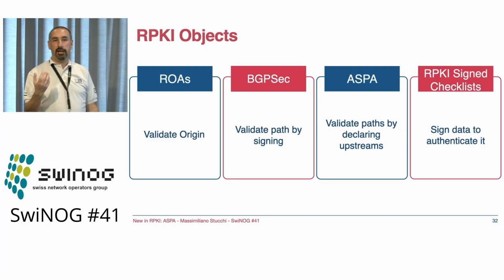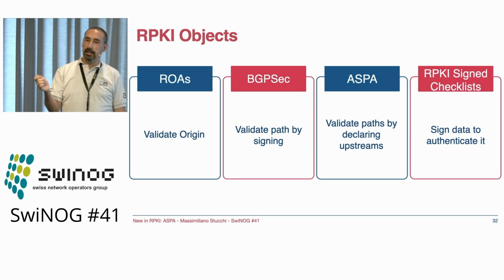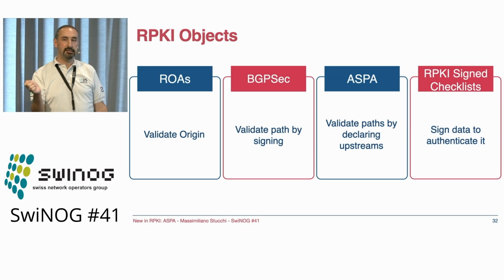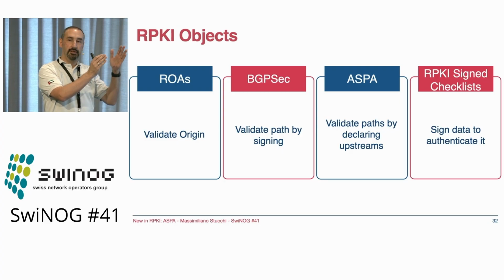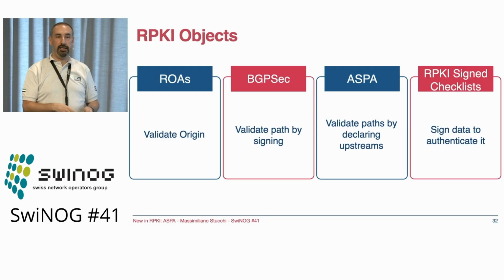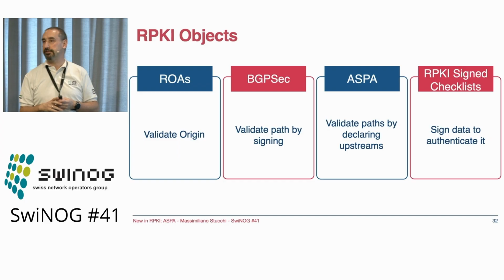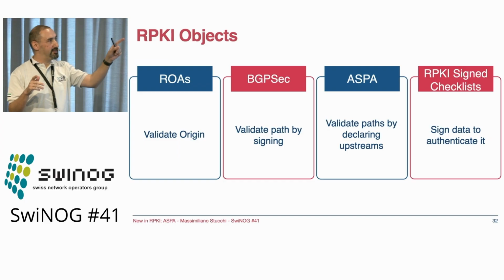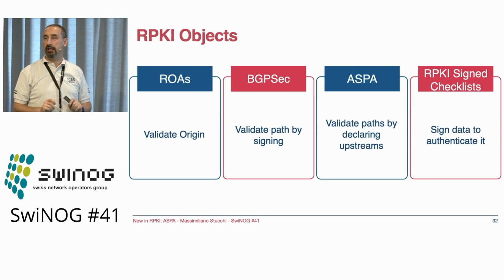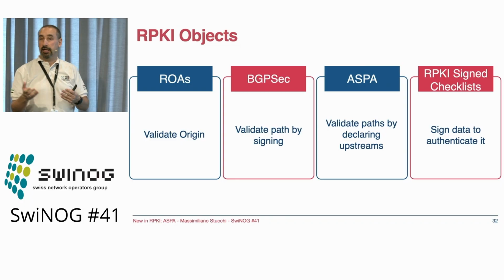Basically, with signed checklists, you can take a file, sign it, and then use that as proof that the file is connected to your networks. So you have a /16 that you want to announce somewhere, and you have to send an LOA. You can sign the LOA in a checklist, put it in RPKI, and tell the person on the other side, hey, I signed it there.